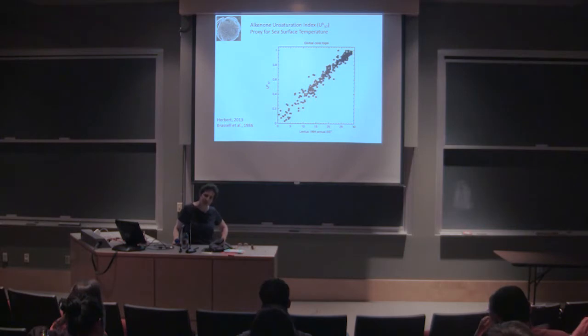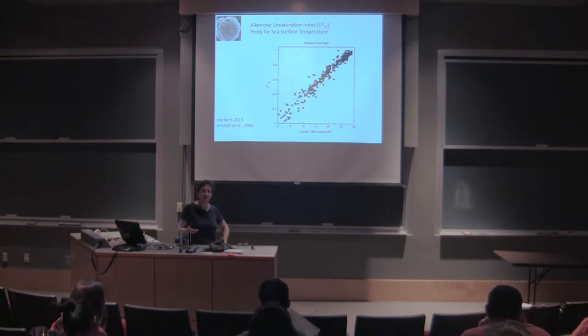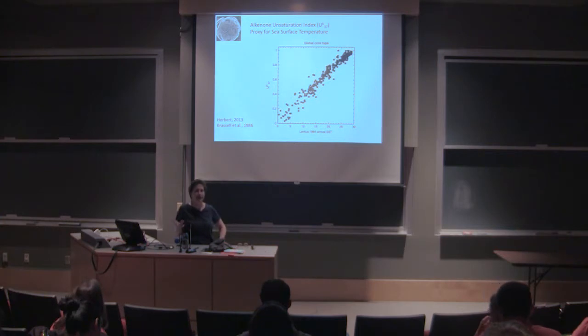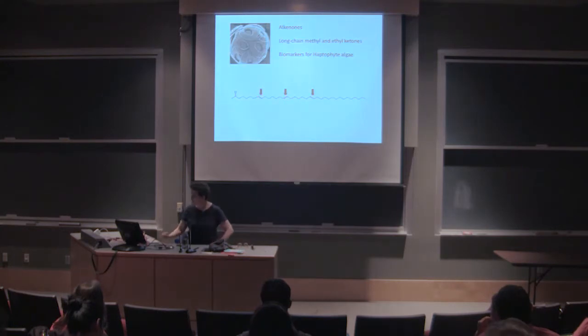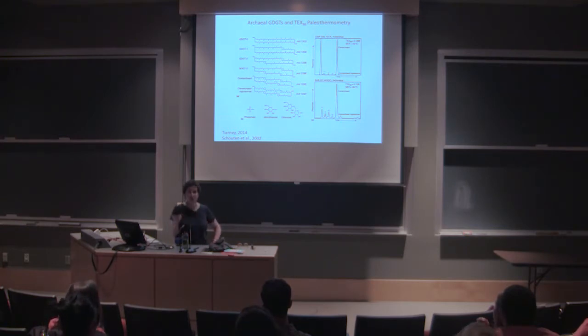It's UK37, so these are 37 carbons long, and it's unsaturated ketones, the UK. But this name was given to it by Simon Brassell, who is British and was working in a United Kingdom laboratory at the time. So there's a little nationalism tucked in that name, just so you know. And if I go back to the TEX86, well, they're no less innocent here because they work at the Netherlands Institute for Sea Research, or NIOZ, on the island of Texel.